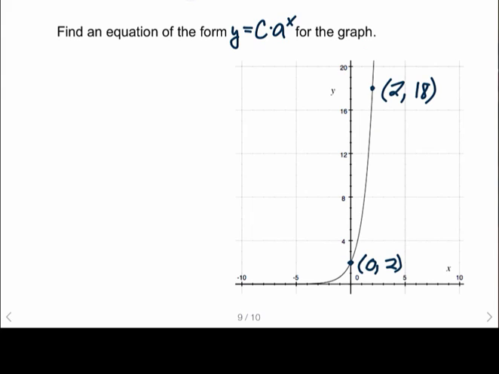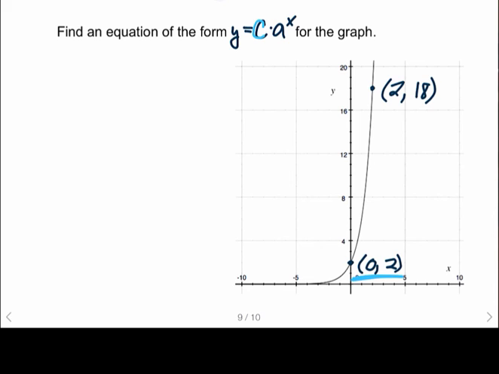In our next example, we're told to find an equation of the form y equals c times a to the x for the graph that's given. And on the graph are indicated the points 0, 2, and 2, 18. The c as a coefficient means that we have a vertical stretch or compression to consider. That is most readily obtained, I think, by looking at the points that are marked on the graph, in particular the y-intercept 0, 2.